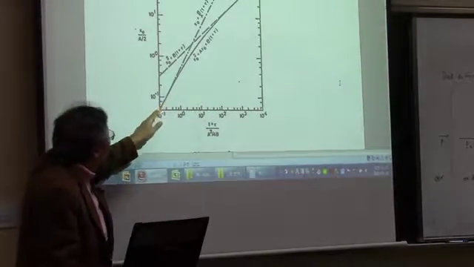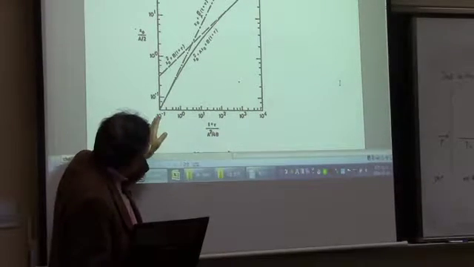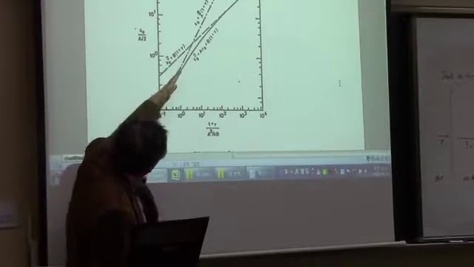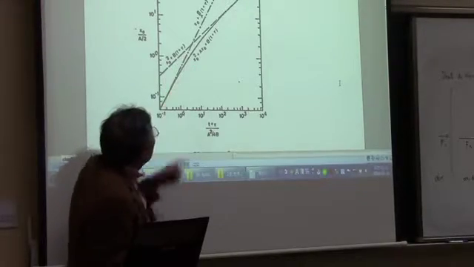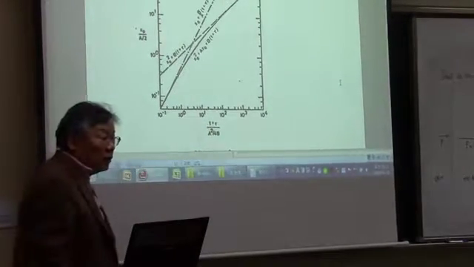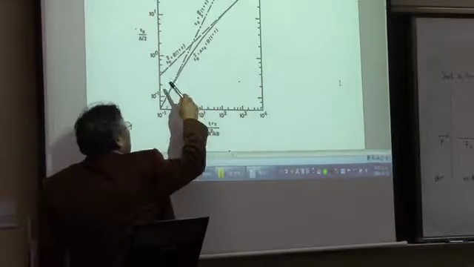Okay? That is the real plot, and you can see at the early stage of oxidation, we are going to have a straight line, and then the reaction constant is going to be B over A. That's a linear constant.